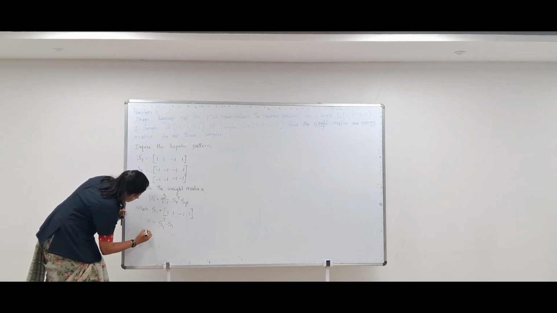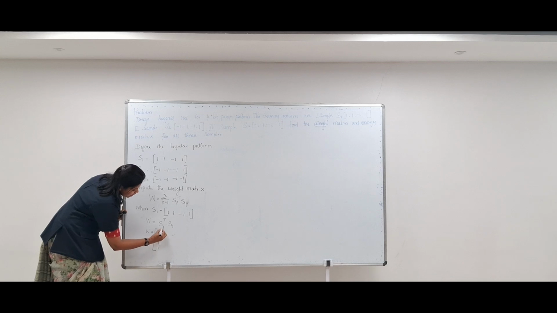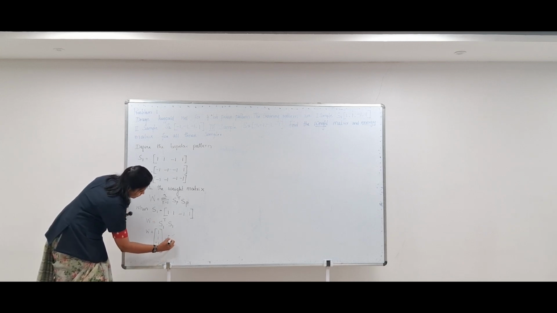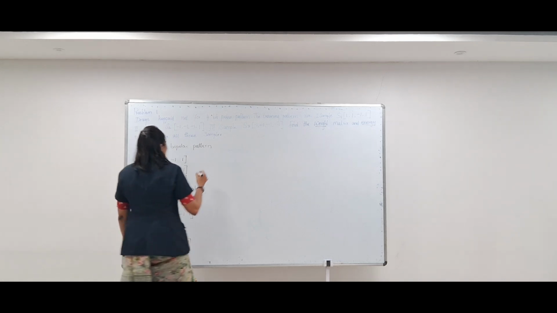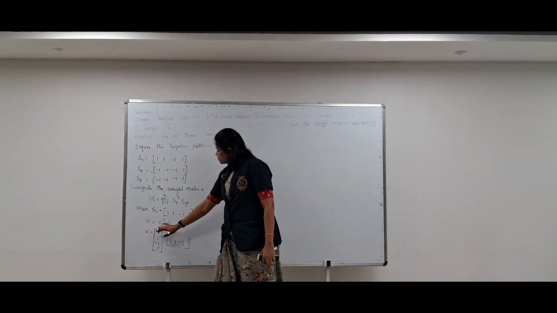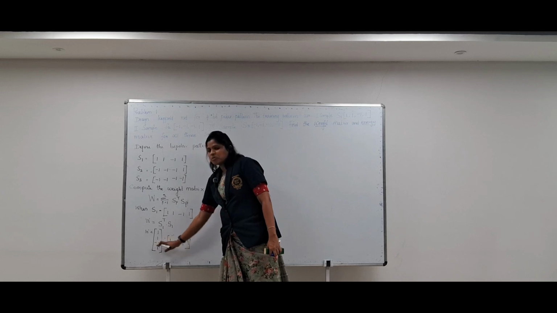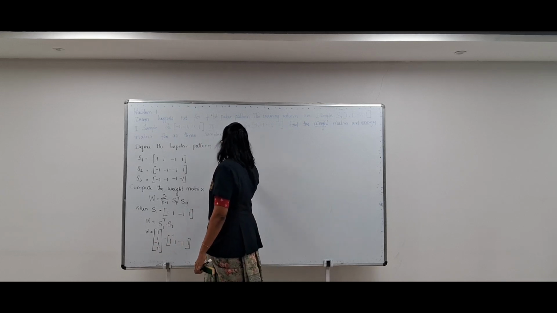So we should find the transpose of 1, 1, minus 1, 1, which is nothing but the transpose of matrix S, into 1, 1, minus 1, 1. This is the product of both the matrices, the transpose and the normal sample.